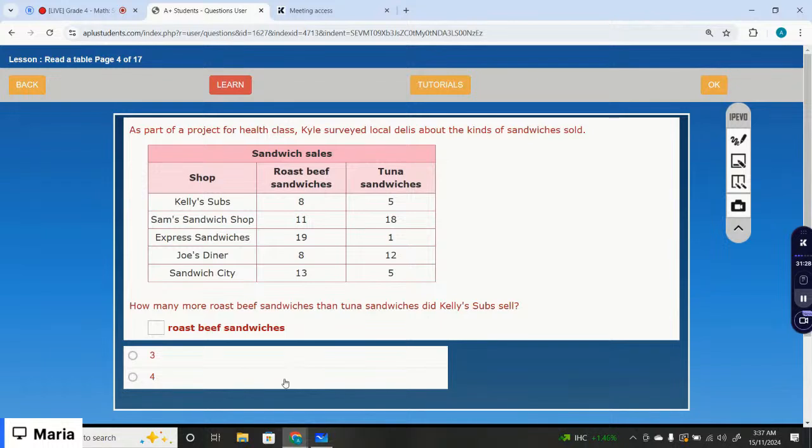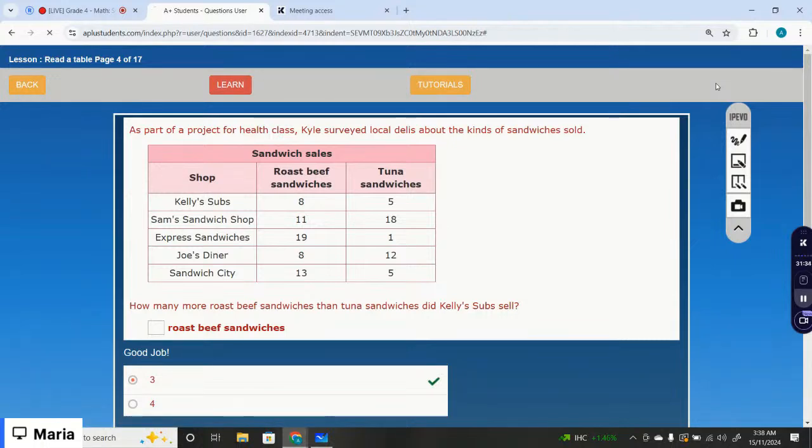The correct option is, no, sorry, 3 more roast beef than tuna sandwiches, right?